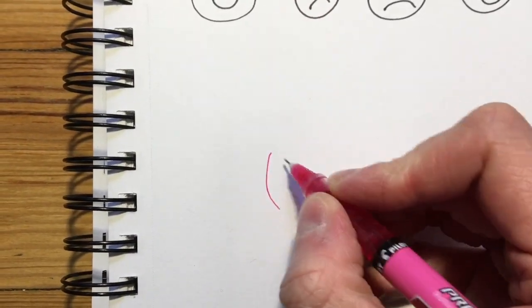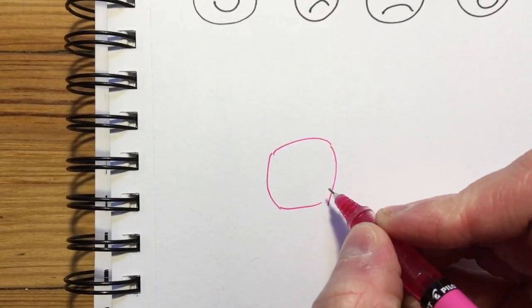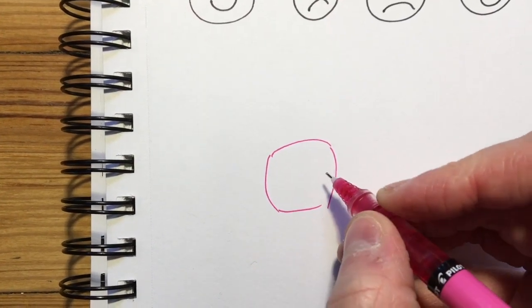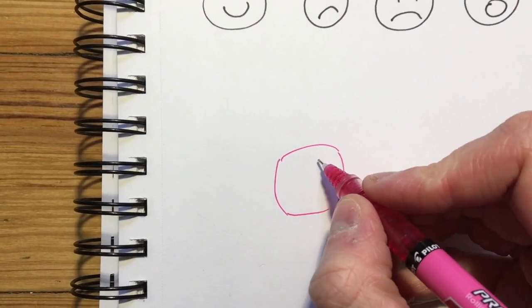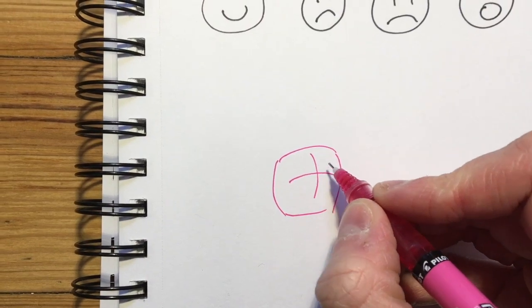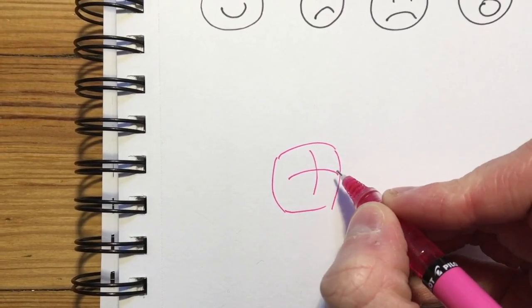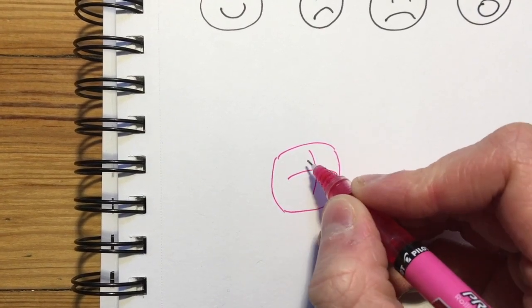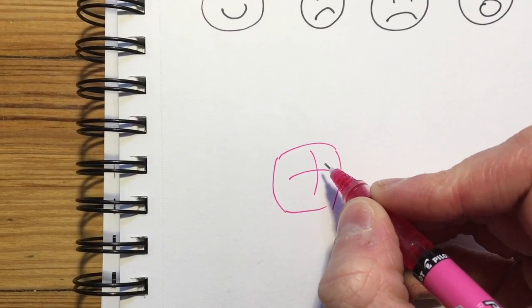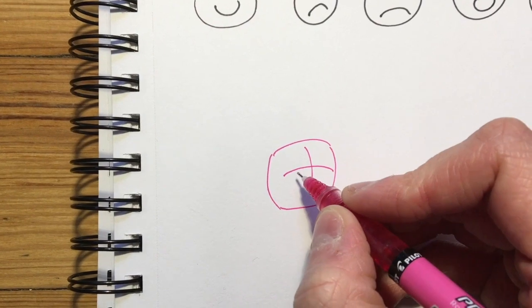I'm going to draw a rounded square for a head. And something that we like to do when we're cartooning is when we're making a face, we draw this cross shape right here. This cross shape helps us orient all of the different parts of the face on the head.